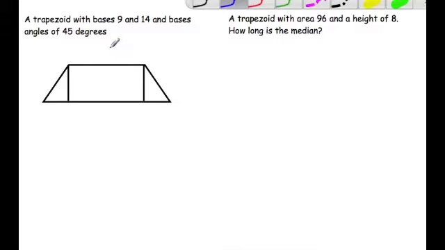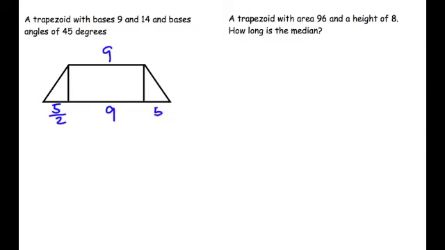They give us that the bases are 9 and 14, and so I'm going to make the rectangle be 9 and 9, and so what's left over is going to be 5 over 2 for each of the other parts. 45, 45, 90-degree triangles gives us our height to be 5 over 2. And yes, we do prefer the improper fraction. So we put it into the area formula, which is going to be 1/2 the height, which is 5/2, times the bases.